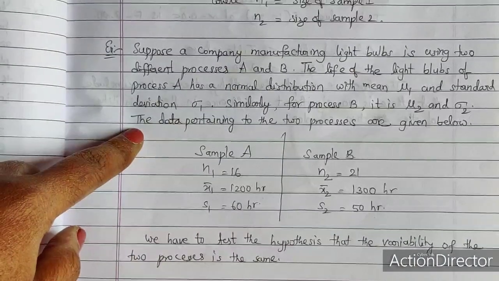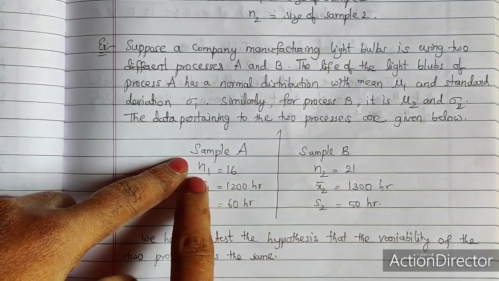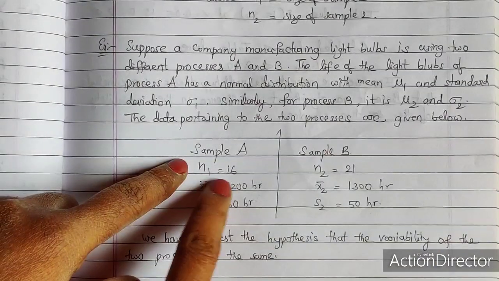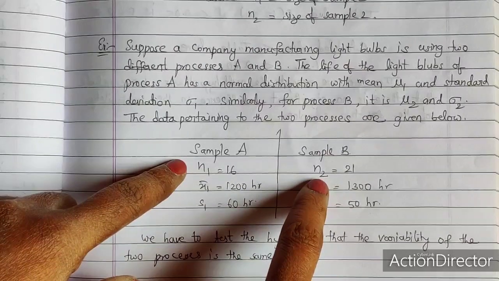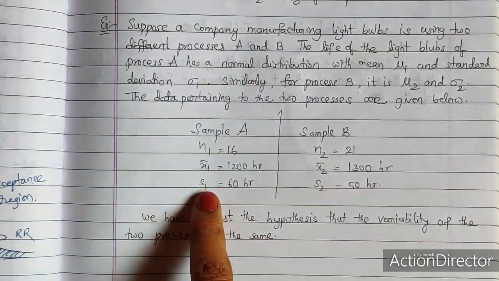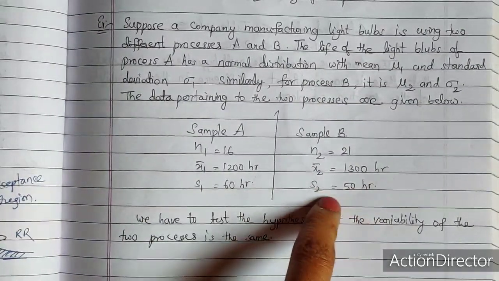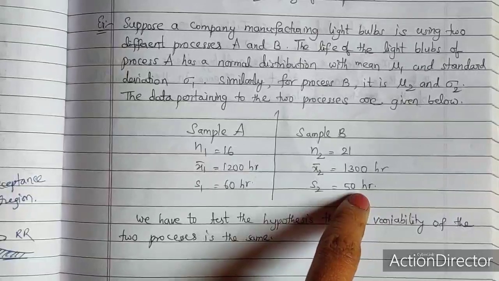The data for the two processes are given below. Sample A: N1 is equal to 16, X1 bar is equal to 1200 hours and S1 is equal to 60 hours. Sample B: N2 is equal to 21, X2 bar is equal to 1300 hours and S2 is equal to 50 hours.